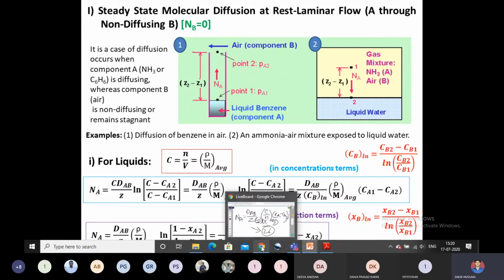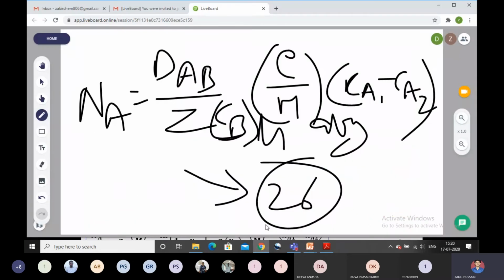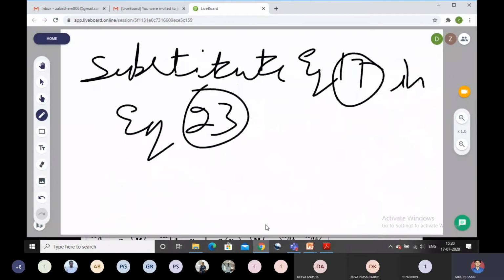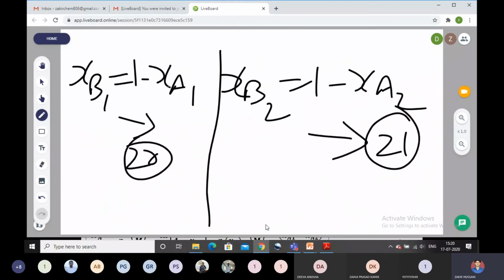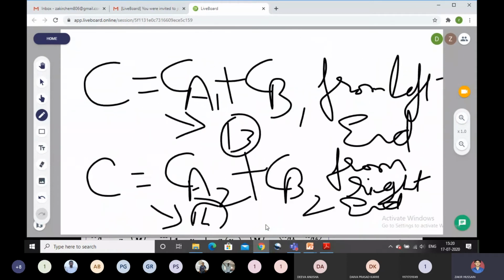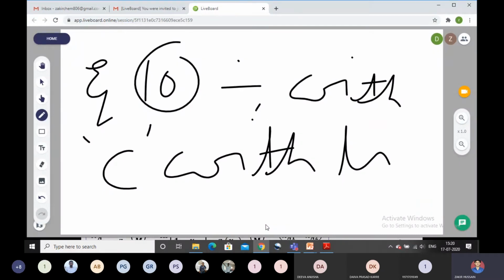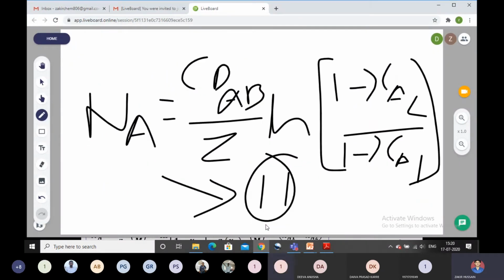From the previous Liveboard, equation number 11 I guess. See, from equation 11, here it is in mole fractions. So from equation 11 I am writing over here.